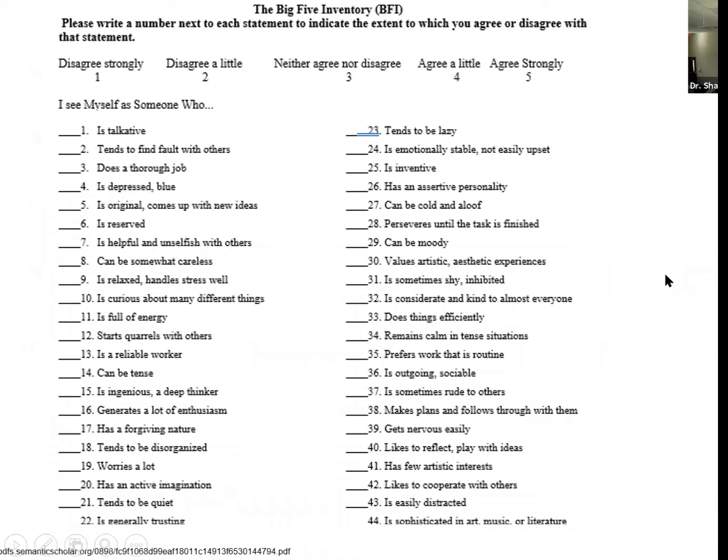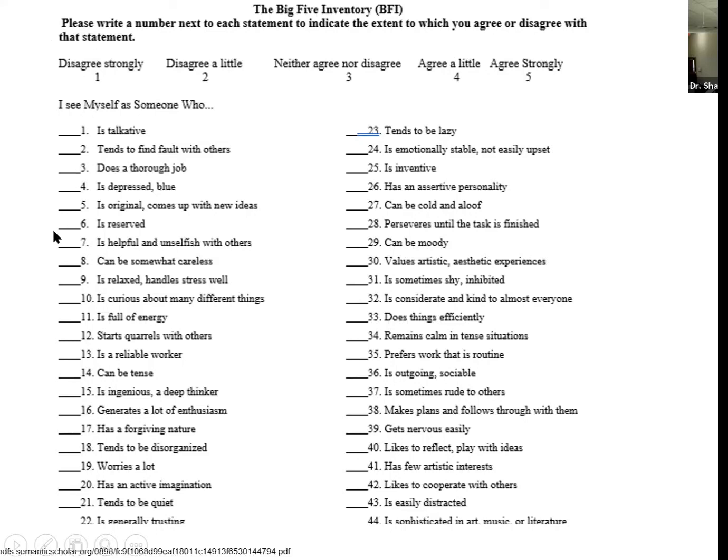Now, here is an example of a very popular and well-validated inventory. The Big Five inventory. So in this particular inventory, we ask the individual to rate and select based on this Likert scale. We're asking them to show whether or not they disagree strongly, agree strongly, or somewhere in between.